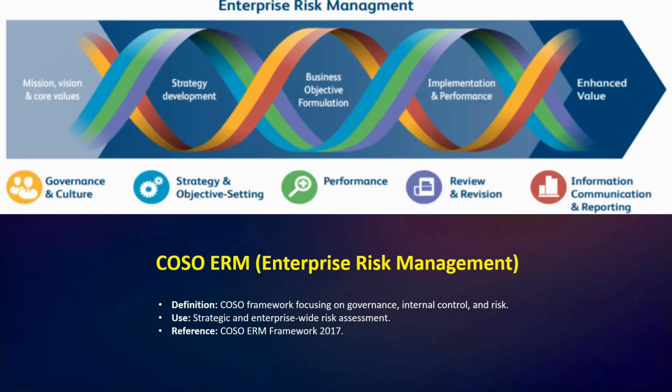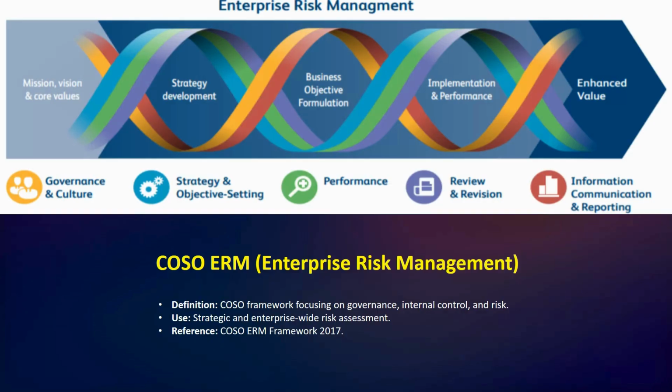So next we have COSO ERM, Enterprise Risk Management. Actually, this is also a framework for enterprise-wide risk management. It's much broader in scope, looking at how risk affects the entire organization, not just one project.